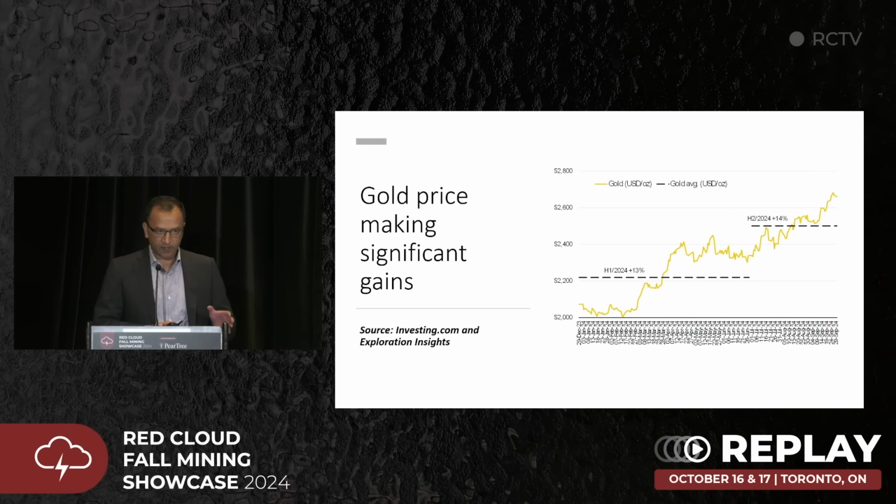So we're going to focus on the gold price. And as you guys probably know as well as I do, the gold price did well, surprisingly, in the first half, despite the fact that real rates were actually flat to going up, because of central bank buying. And so that lifted the gold price up in the first half about 13%.